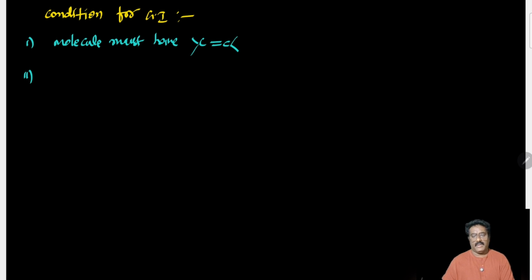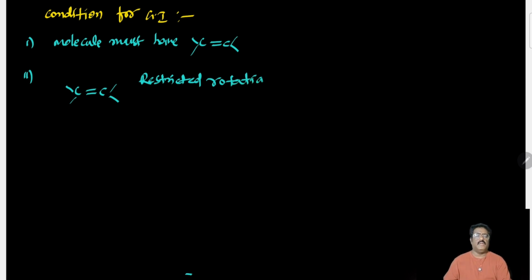The carbon-carbon double bond with restricted rotation must have different groups on each side.